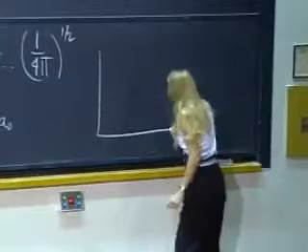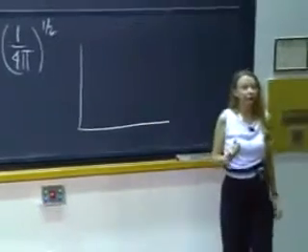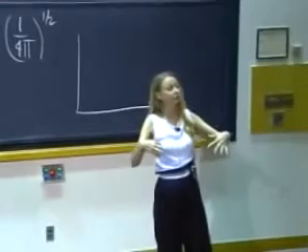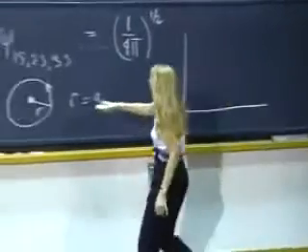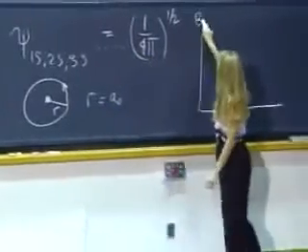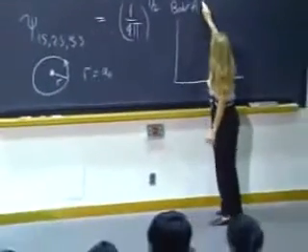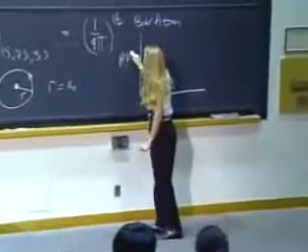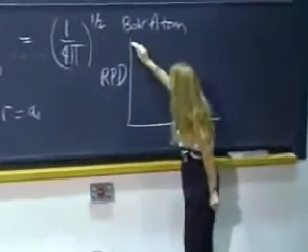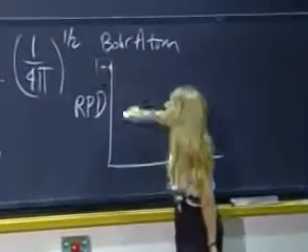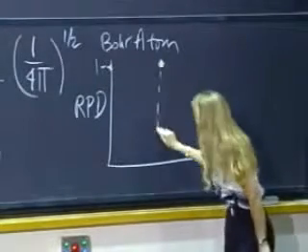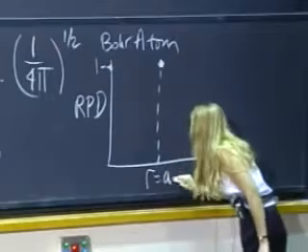And if you calculate the radial probability distribution function for this model, which is called the Bohr atom, the radial probability would be 1 right here at R equal A naught.